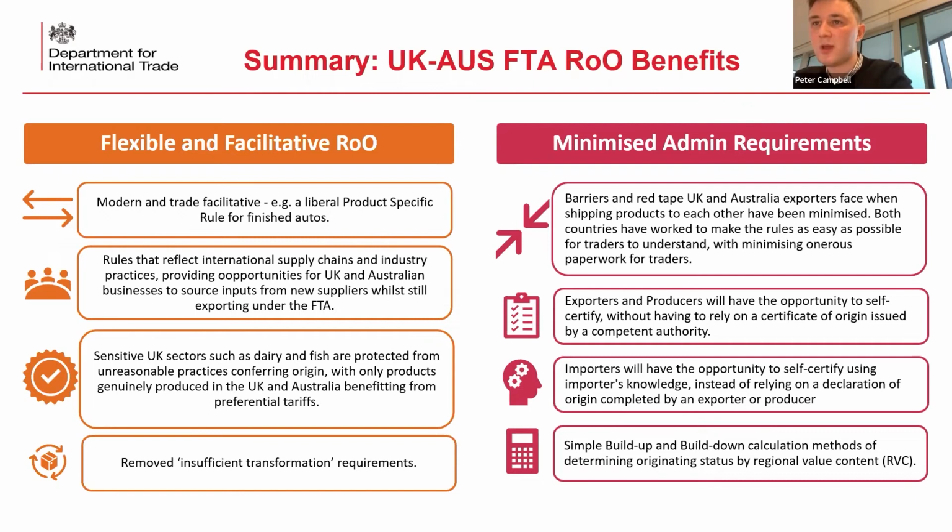The main example, as touched on earlier, is importers' knowledge, removing the obligation for the importer to seek a statement on origin from their exporter or producer every time that they claim preference.